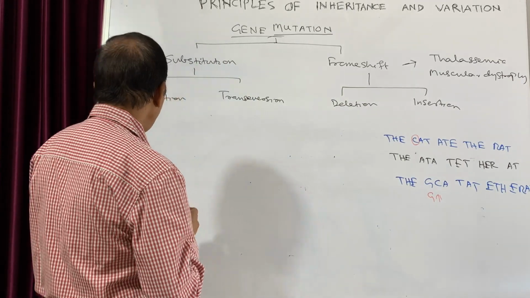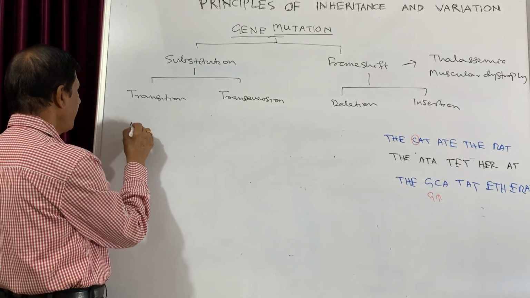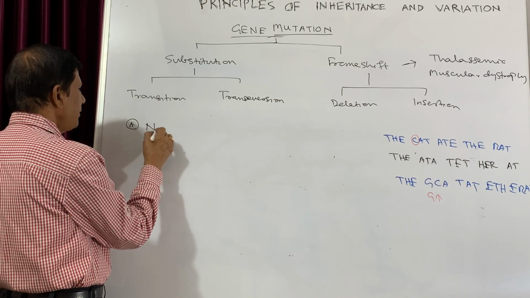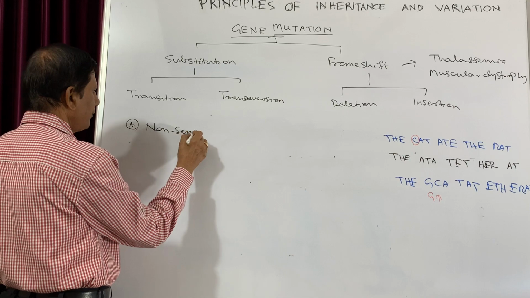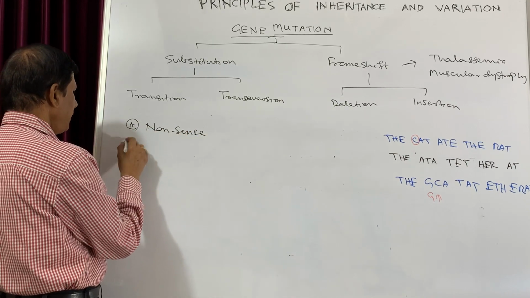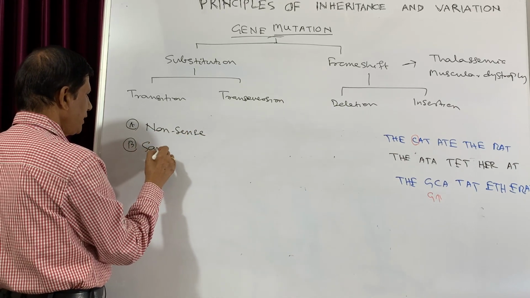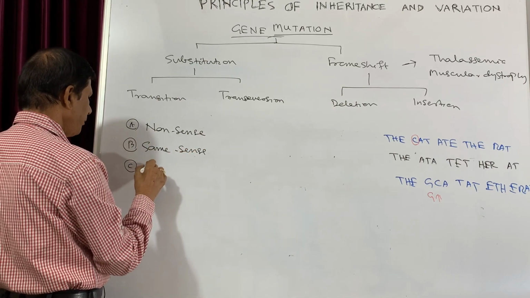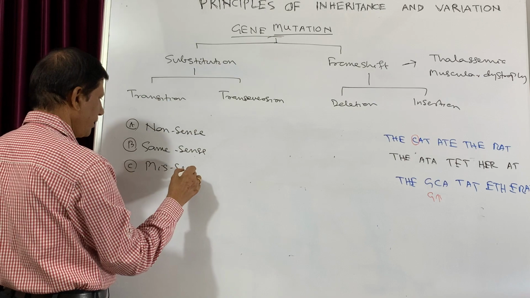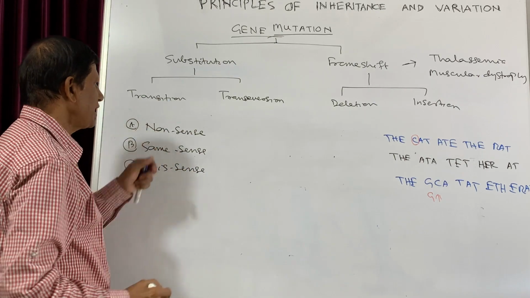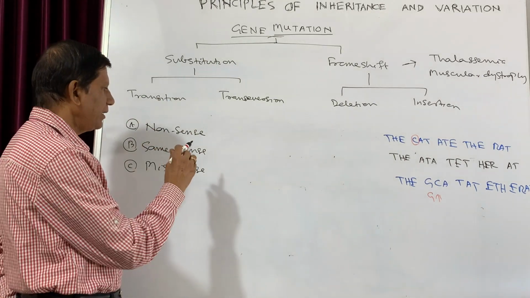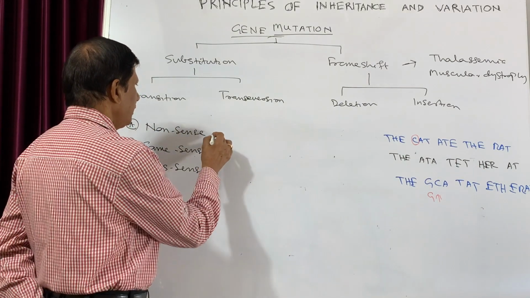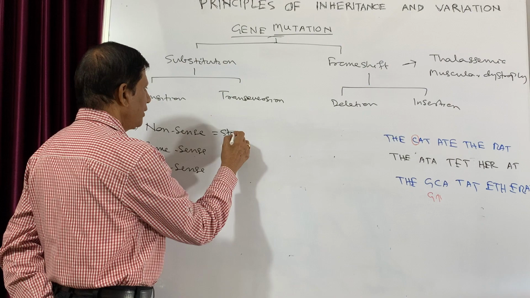So mutation can be nonsense mutation, it can be Samesense mutation, or it may be Missense mutation. Nonsense mutation means when due to change in one of the bases, it will completely stop.